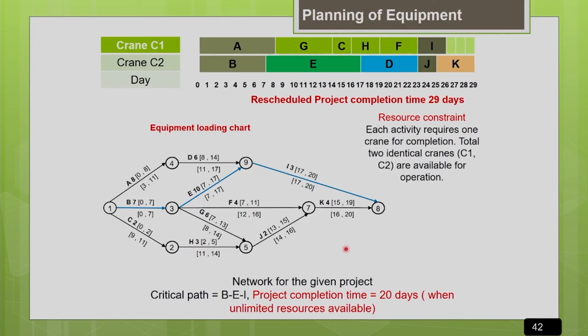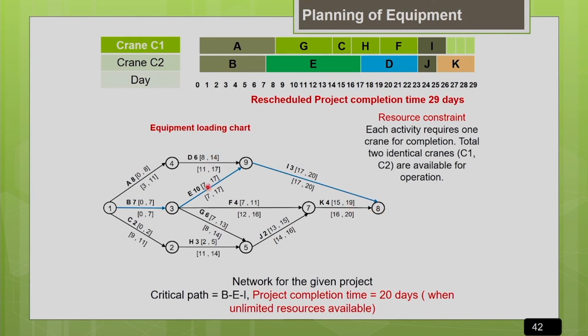The critical path of this project is B, E and I. The critical path is the longest path in a project, which decides the project completion time. So for this project the critical path is B, E, I and its duration is 20 days.